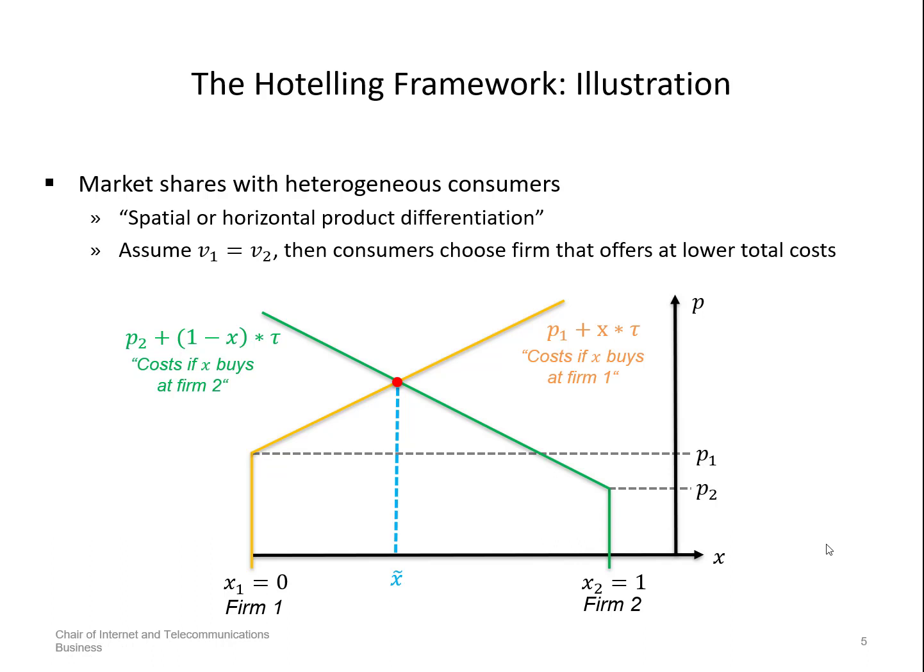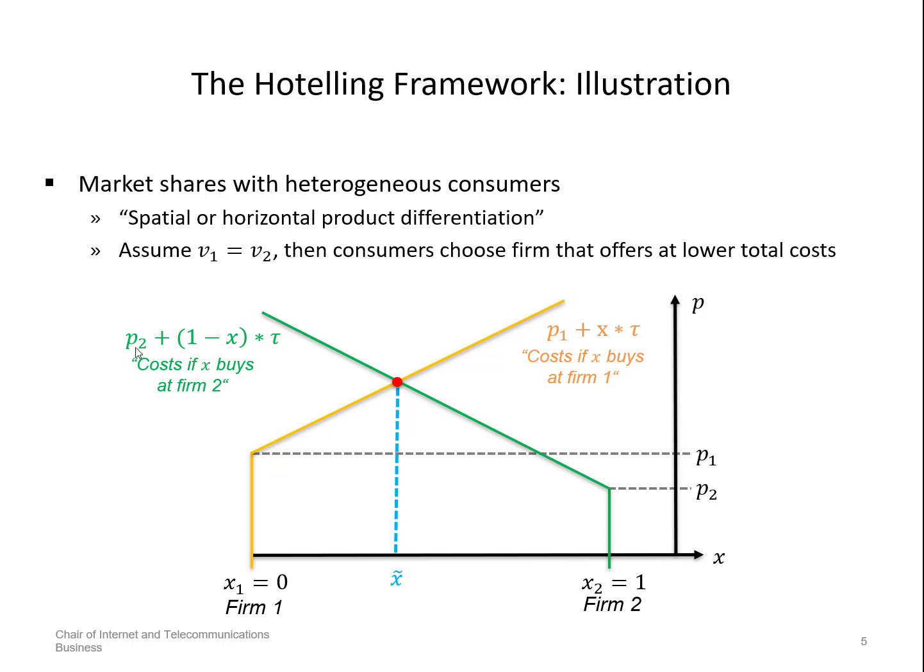Just to give you an illustration, this is the market share with heterogeneous consumers, called spatial or horizontal differentiation, under the assumption of v1 equal to v2. Consumer valuation at 0 is this, and it increases linearly.